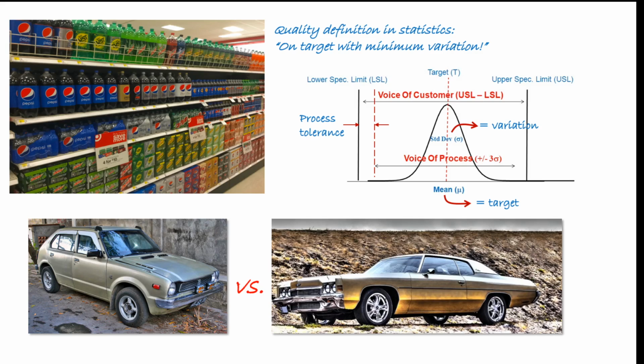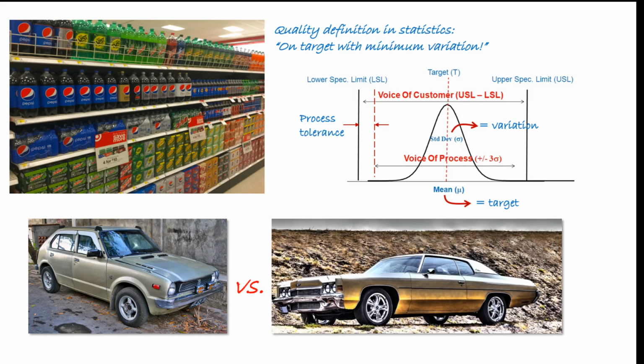Both of these cars were produced in the early 70s. On the right is the US-made Chevrolet Impala, and on the left is the first generation Honda Civic. If quality is connected with engine power and design, maybe we tend to choose the Impala.